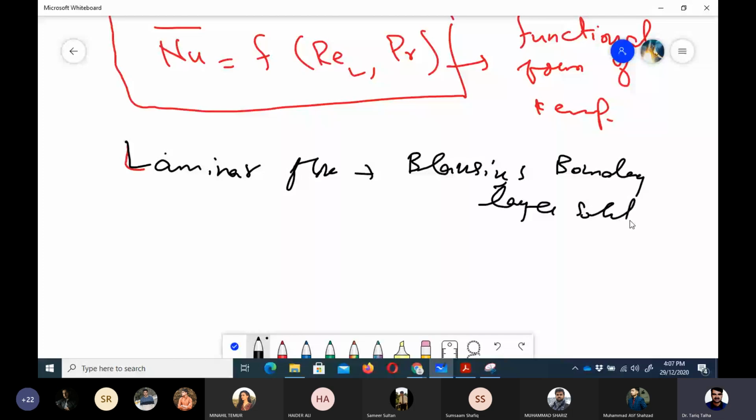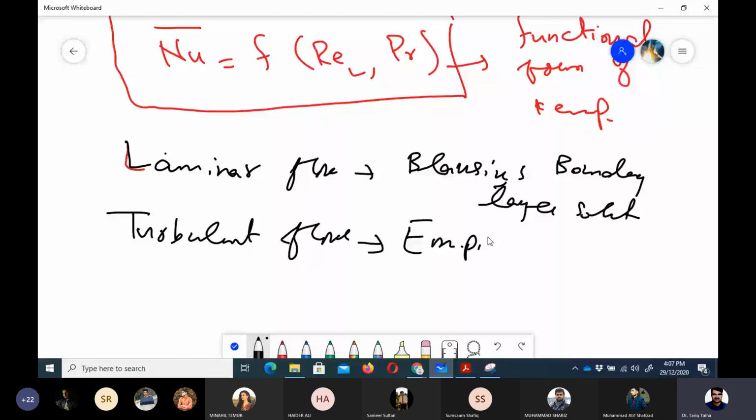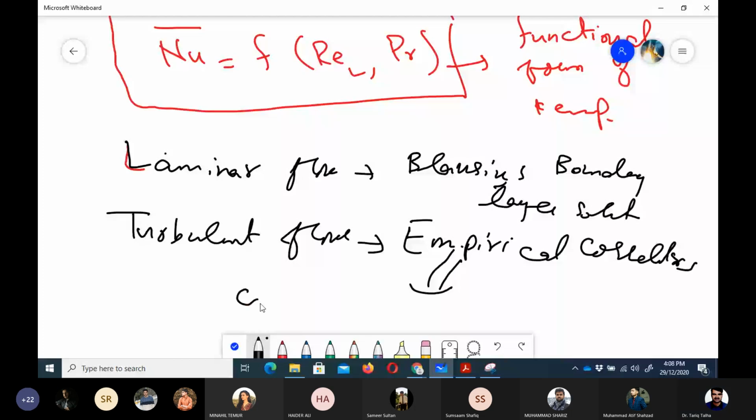But for the turbulent flow, we cannot have Blasius solution because in turbulence there are many other parameters and we cannot apply those simplifications. So for the turbulent flow, we would have empirical correlations which are determined by conducting experiments.